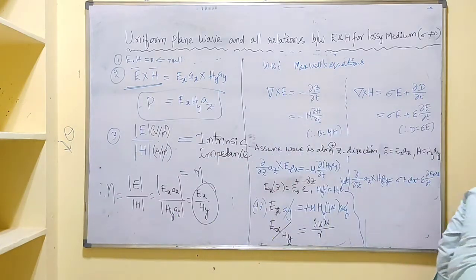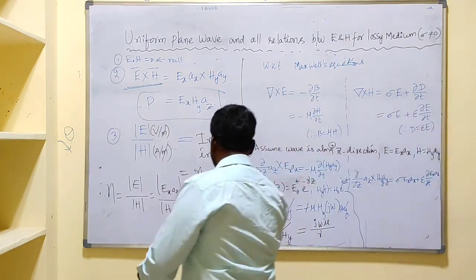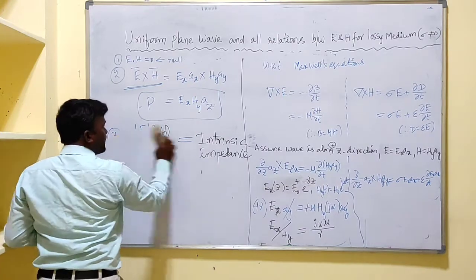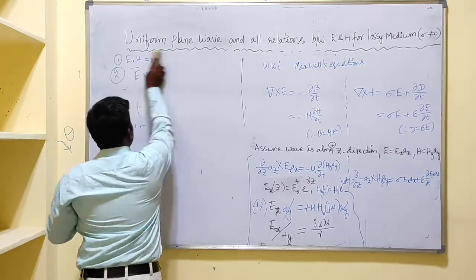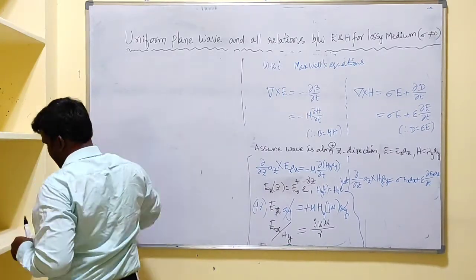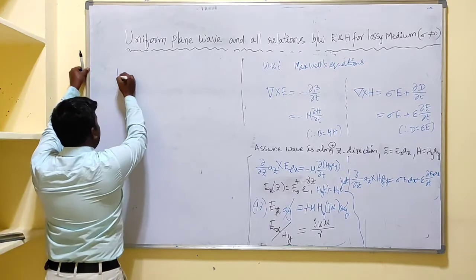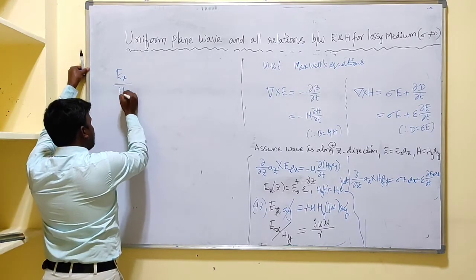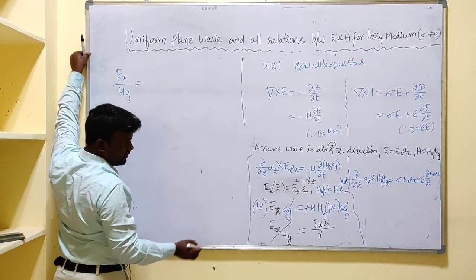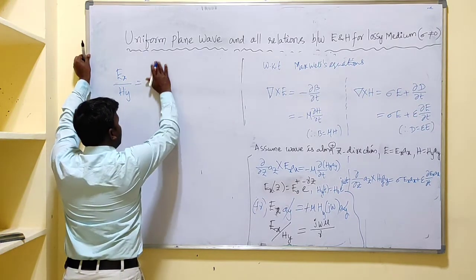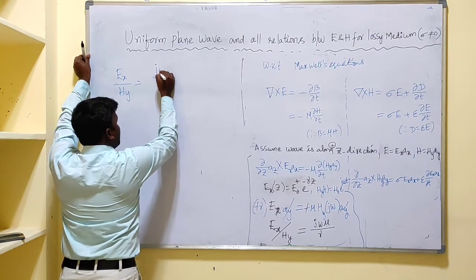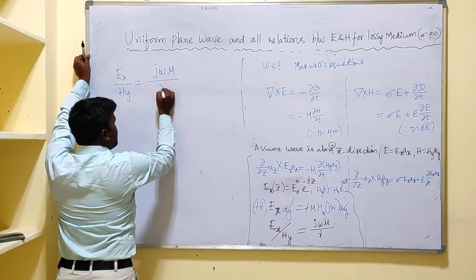Now let us focus on this one, that is Ex by Hy is equal to j omega mu by gamma, where gamma is what?